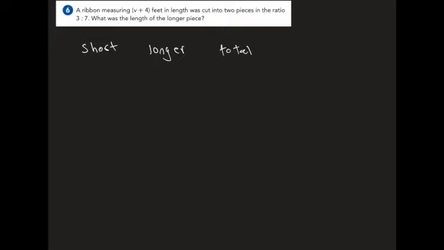So if the short piece was a ratio of 3, the longer piece had a ratio of 7, that means in total there were 10 pieces. And if I were to make that ribbon, I would break it up into 10 pieces.